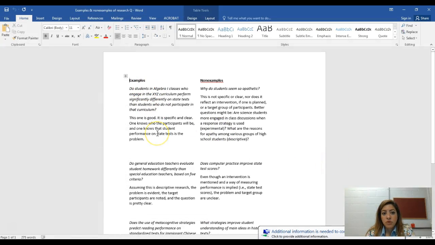A good example of a research question: do students in Algebra 1 classes who engage in the XYZ curriculum do differently on state tests than students who do not participate in that XYZ curriculum? Do these students perform significantly differently than these students who do not participate?